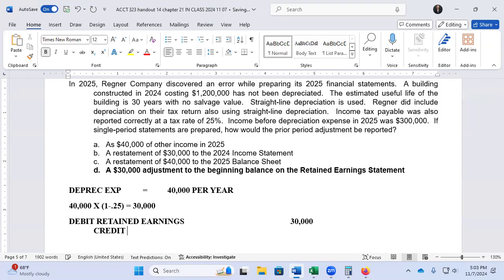And then you'd have a credit to accumulated depreciation for 40,000. And so I think you'd have an income tax payable as a debit for the difference of 10,000.